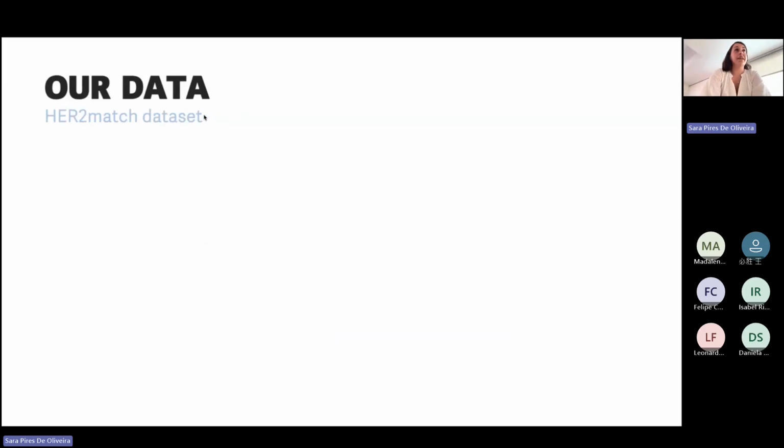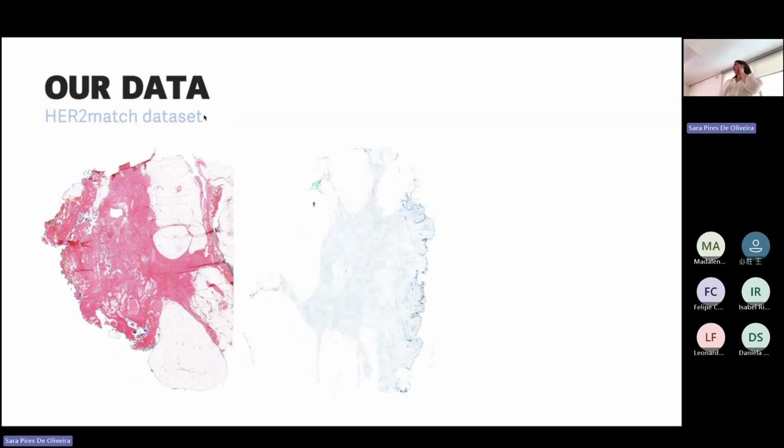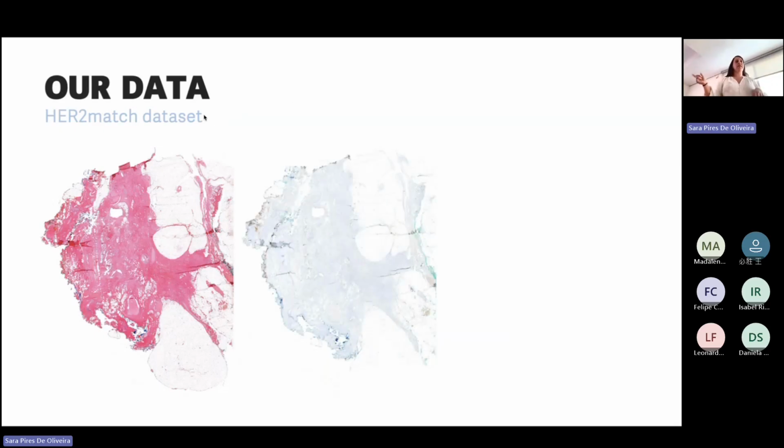So let's start with the data. In this project, we developed a new dataset that we released publicly, so everyone can use it. The difference is that instead of having just consecutive slides, we took the H&E, removed the staining, and did the staining on top, so we have the exact same sample with the immuno.